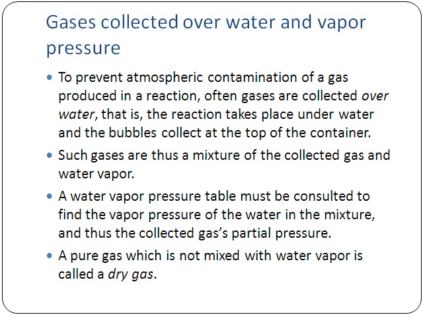As a result, any gas we produce tends to be contaminated by the air, by the atmosphere that it's around. To prevent atmospheric contamination of a gas in a reaction, oftentimes gases are collected what's called over water. What that means is the reaction takes place underwater, where there is no air, and the bubbles of any gas produced by that reaction collect at the top of the container.